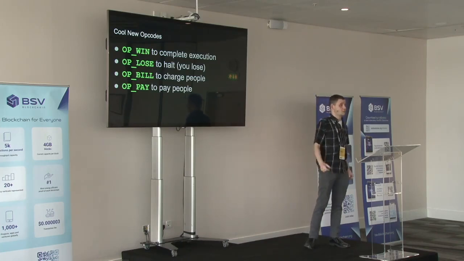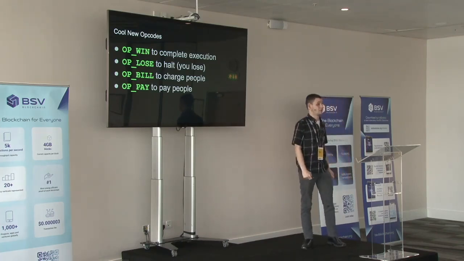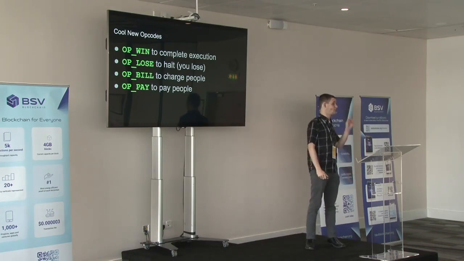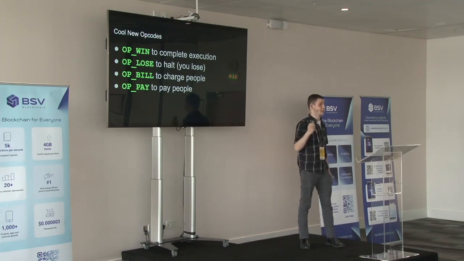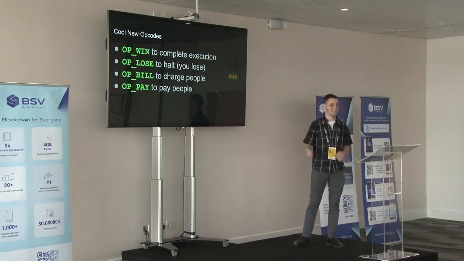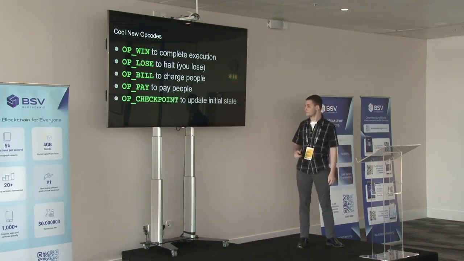And then opPay forces the transaction that incorporates opPay to actually create that script and actually pay that person for work done, and then continue execution after that. So you can pay out of the system as well.